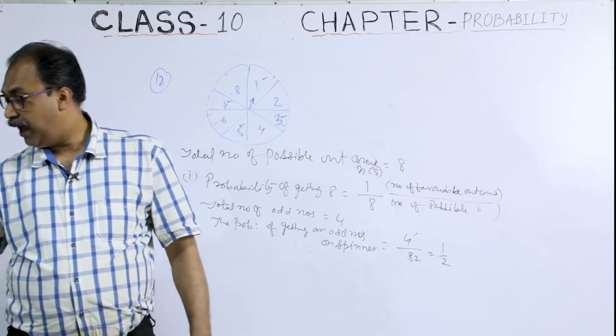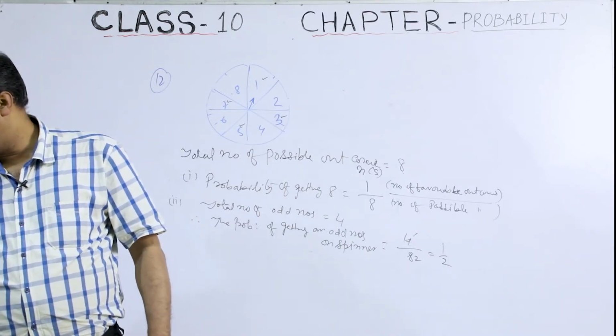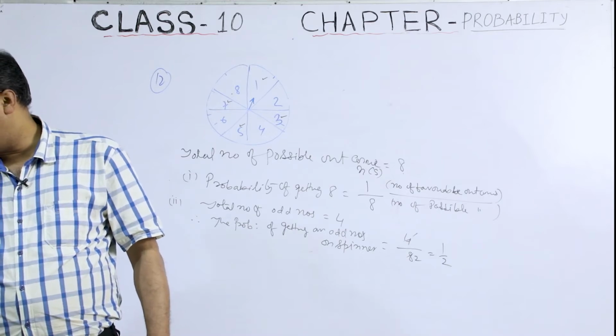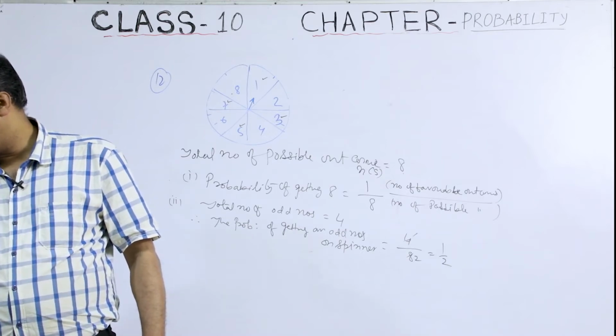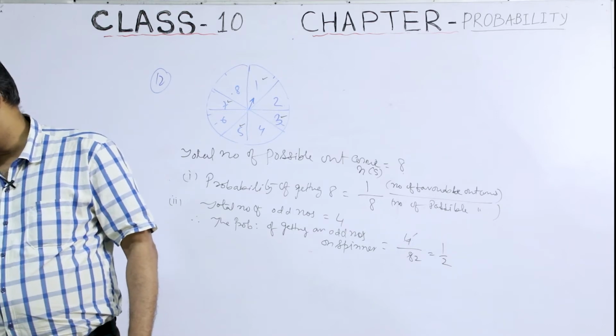Number 3, an odd number greater than 2. So, what is the total, the odd numbers greater than 2? How many numbers are there?